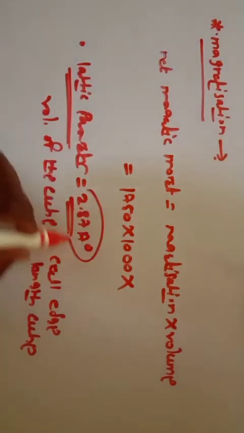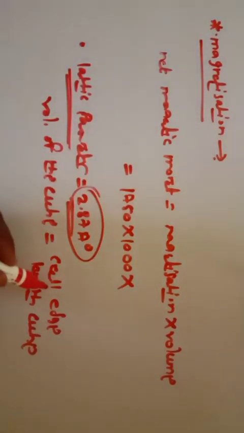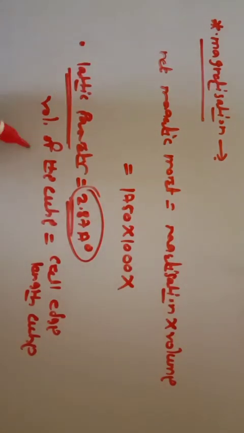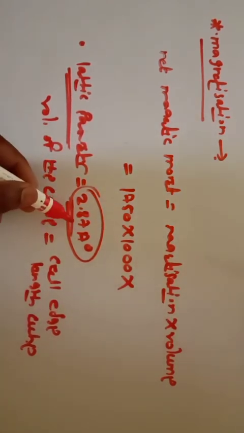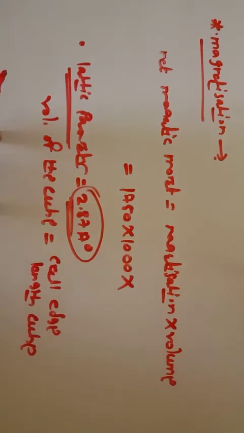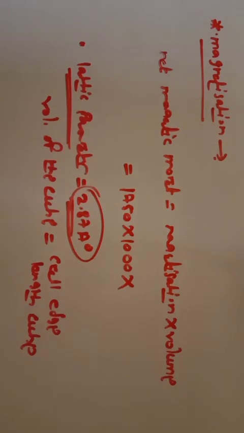For the BCC cell, whatever the edge, that is 2.87 angstrom, the length between two corners is called the cell edge length, also called the lattice parameter. And to find out its volume, you have to make its cube.